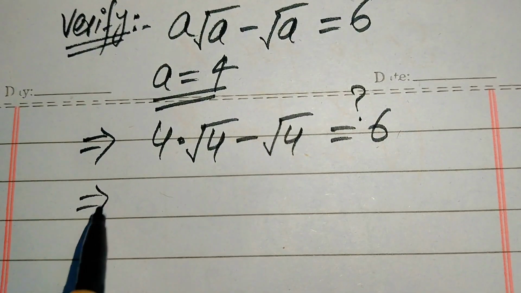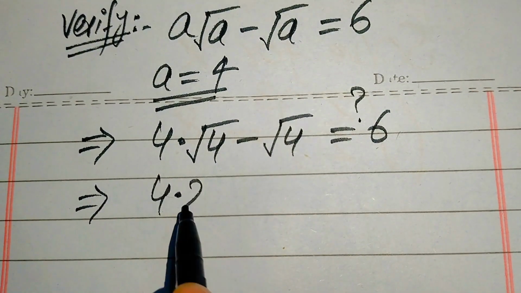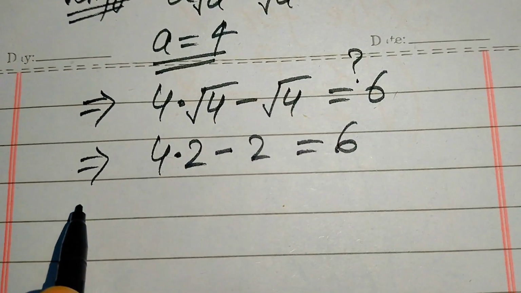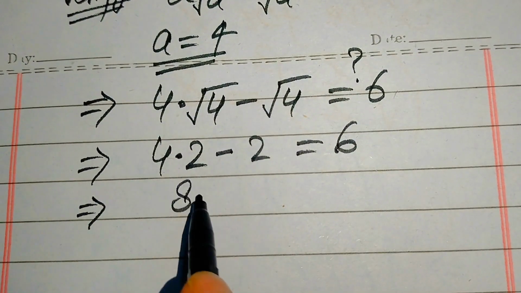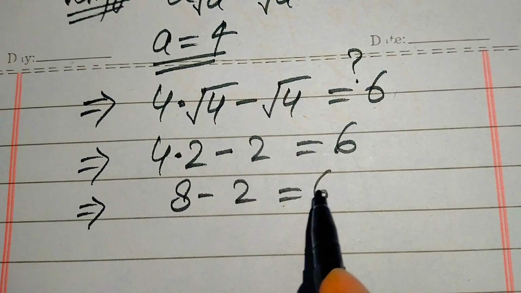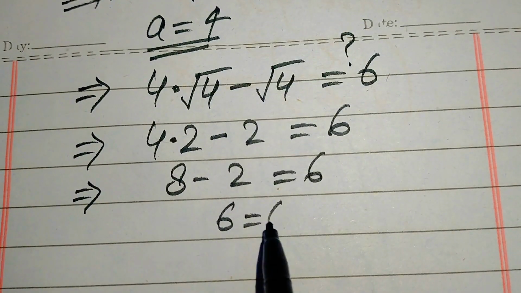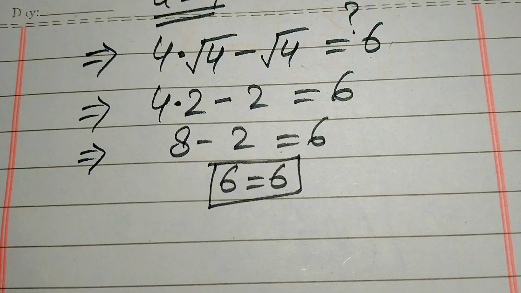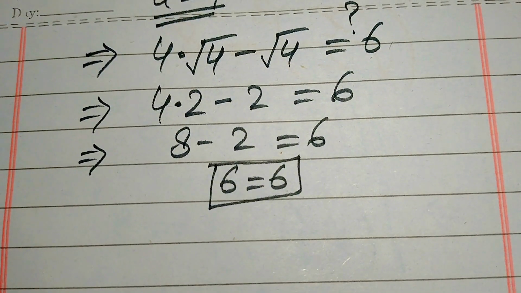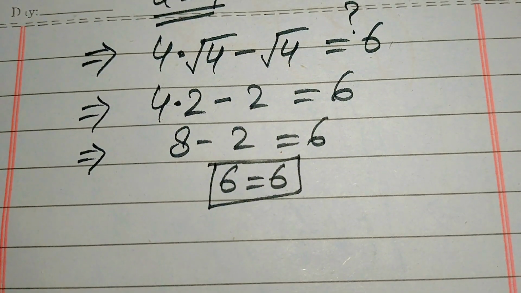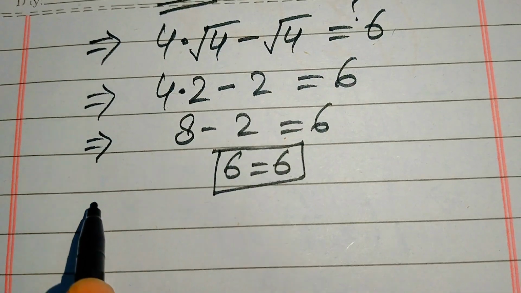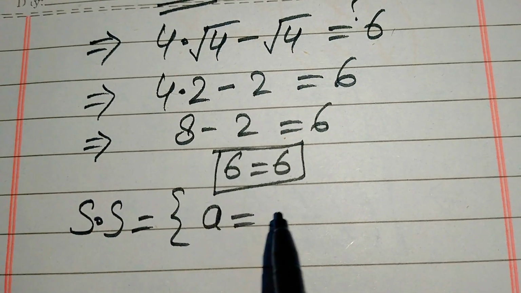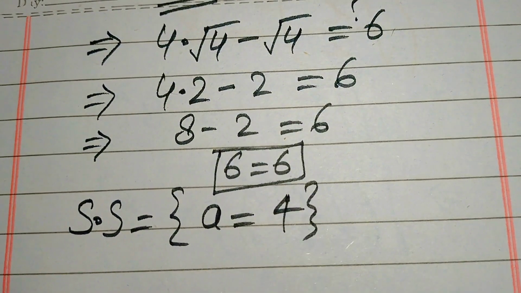We know that square root of 4 is 2, so 4 times 2 becomes 8, minus 2 equals 6, and we clearly get 6 equals 6. This shows that both sides are equal, which concludes that a equals 4 satisfies our given question statement. Finally, the solution set of this problem is a equals 4.